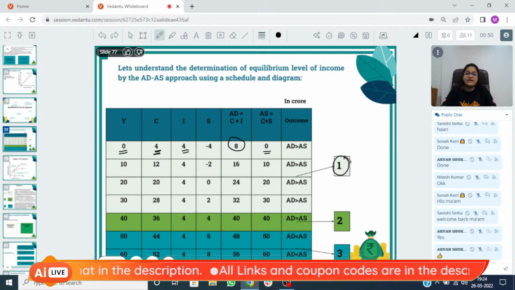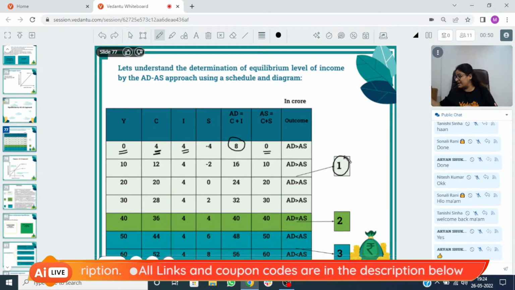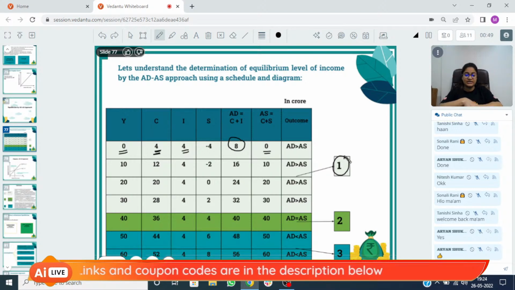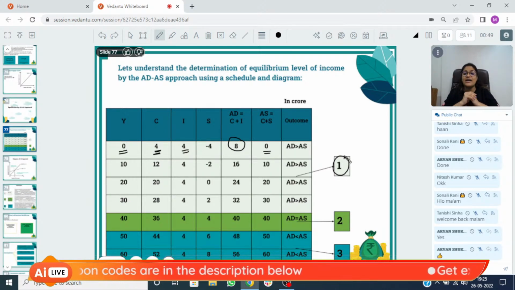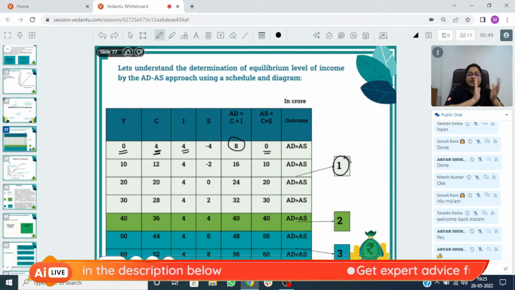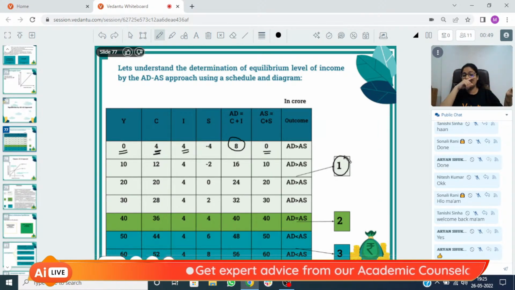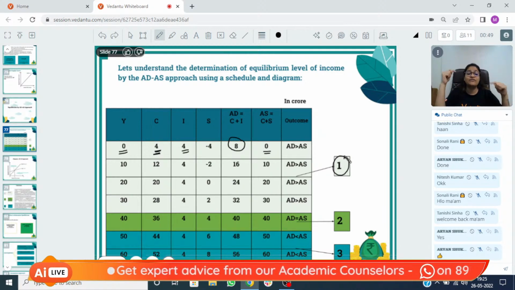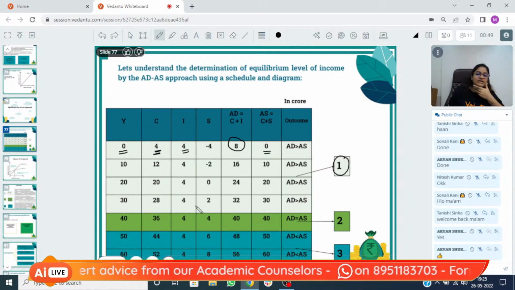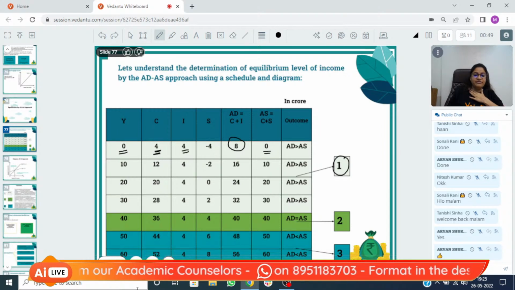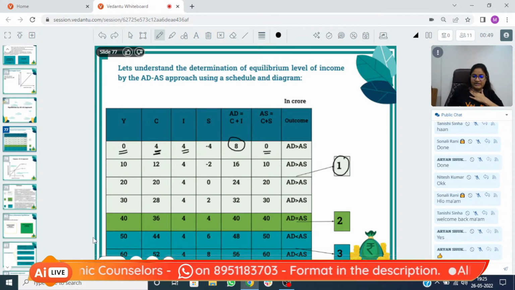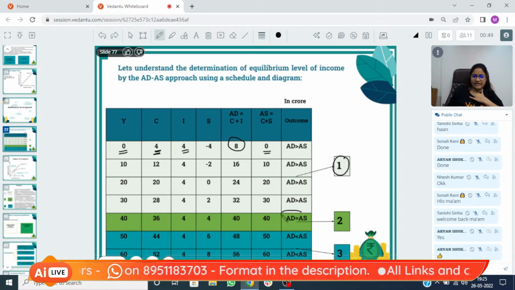So the inventory that the sellers are willing to sell is falling short of what is required in the economy. So what will they do? They will increase the production. Income will increase. When the income increases, we reach a point where aggregate demand is equal to aggregate supply.